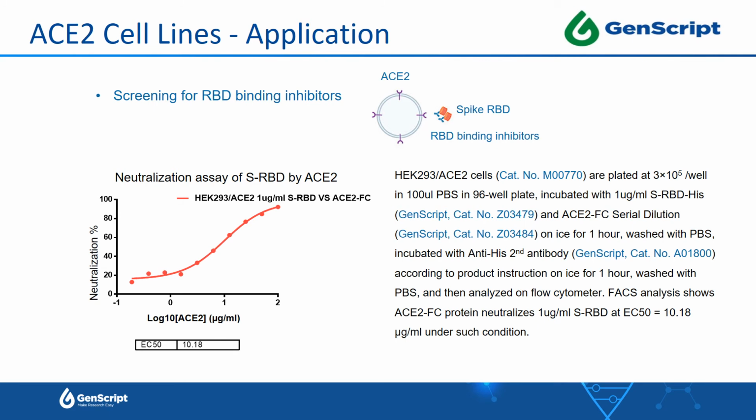And then the neutralization of the RBD was calculated by the amount of the RBD bind to the HEK cells by FACS assay. As you can see, with increased level of the ACE2 added into the cell culture, increased level of neutralization can be observed.